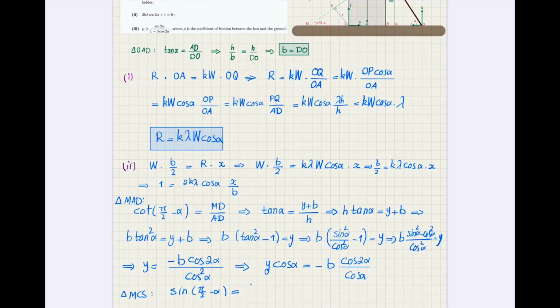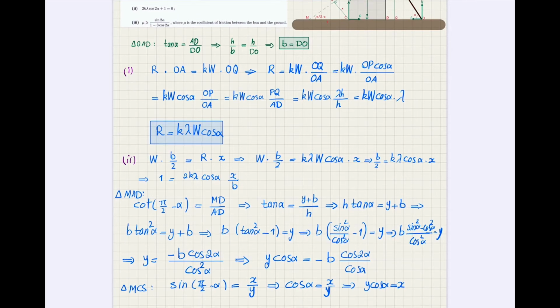So this becomes x divided by y. But you know that sine of pi over 2 minus alpha is just cosine alpha, and so this becomes x over y. And then this means that y cosine alpha is just simply x. Okay?